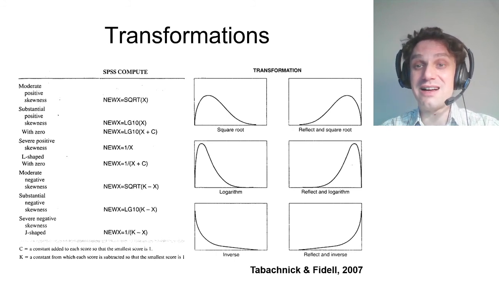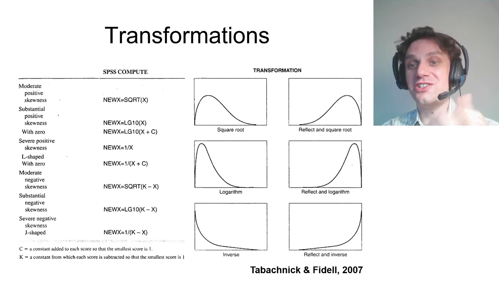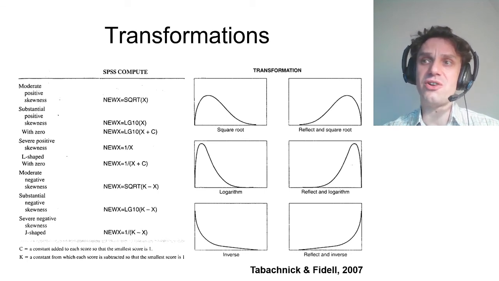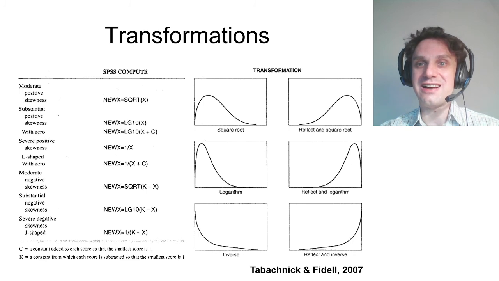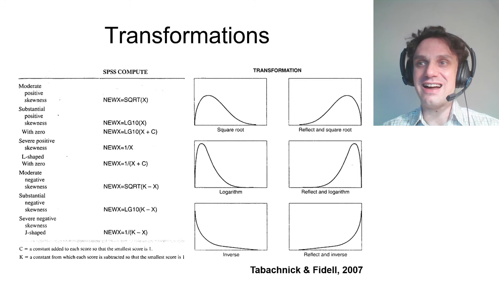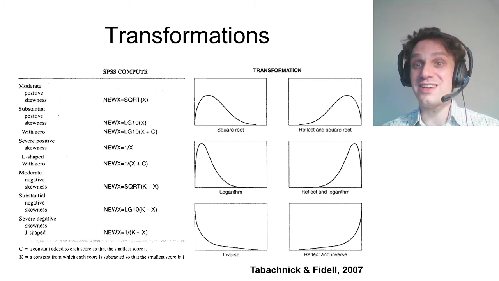For example, electromyogram, when you measure the voltage, or skin conductance, galvanic skin response. These types of measurements also produce log normal distributions that are not supposed to be perfectly normal. And then you're supposed to apply some kind of transformation to make it normal to be able to deal with it. And in Tabachnick and Fidell's book, there are some suggestions of potential transformations that you can apply.